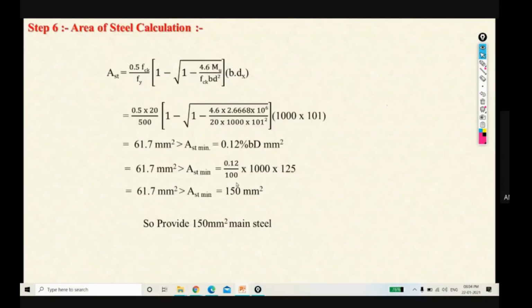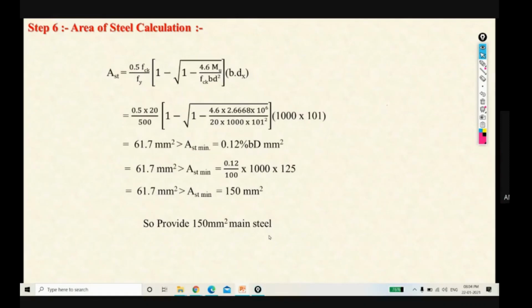If you calculate it, the minimum reinforcement is 150 mm². So required is 61 and minimum is 150. For the reinforcement, we will consider this area of 150 mm², so provide 150 mm² as main steel.